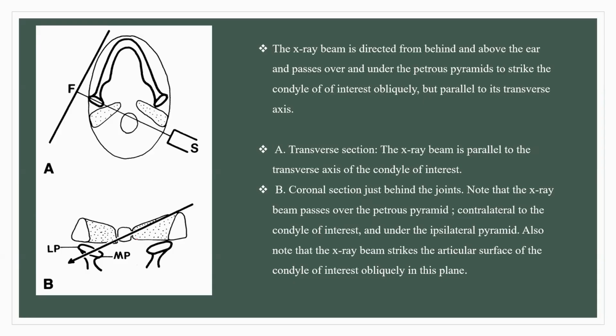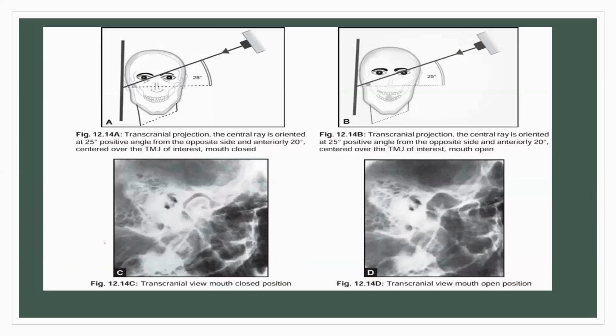So above in the contralateral TMJ, and this is our TMJ of interest. It is passing above the petrous pyramid in the contralateral TMJ, and it is passing below the petrous pyramid in the TMJ of interest. So that is the point that is being told here. That is how the X-ray passes. So we get to see something like this.